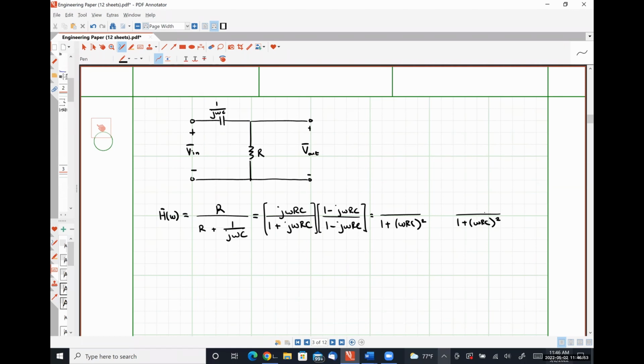So what's the real part of this product going to be, or what's the numerator? The real part of the numerator. So I have j omega RC times negative j omega RC. So that's negative j squared, which is positive 1. So the real part is going to look like omega RC quantity squared.